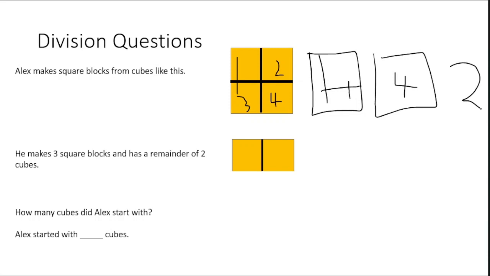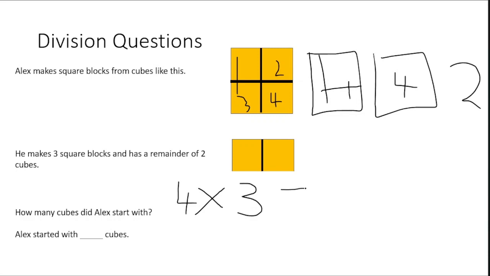So there's an extra 2 cubes on the side. How many cubes did Alex start with? If he has made 3 squares and has a remainder of 2, we know that there's 4 cubes in a square. So straight away we should be doing 4 times 3, because there's 4 cubes in a square and 3 squares.